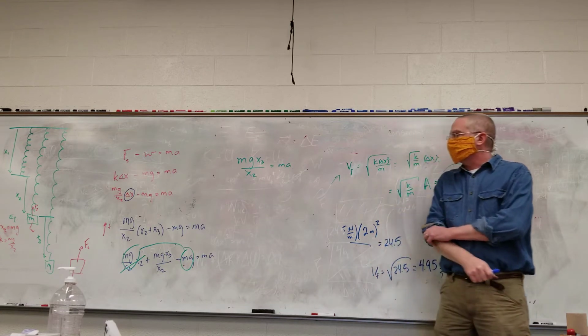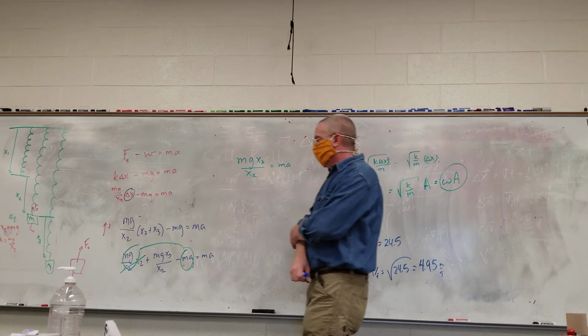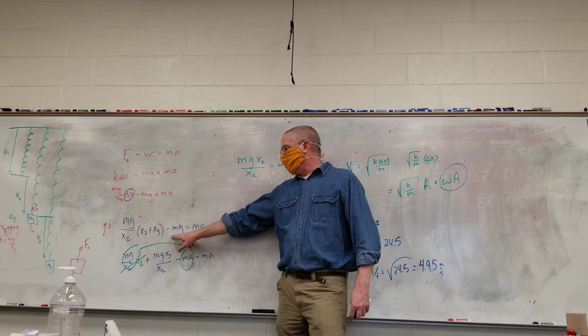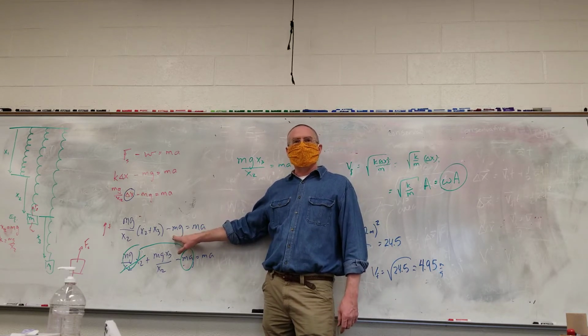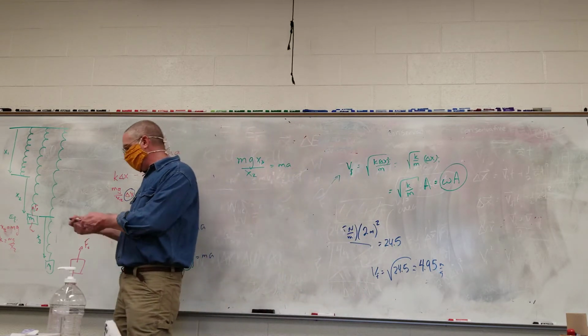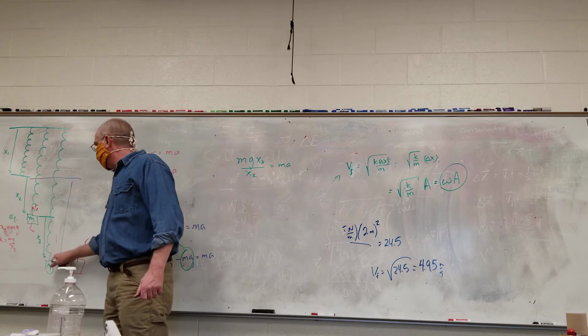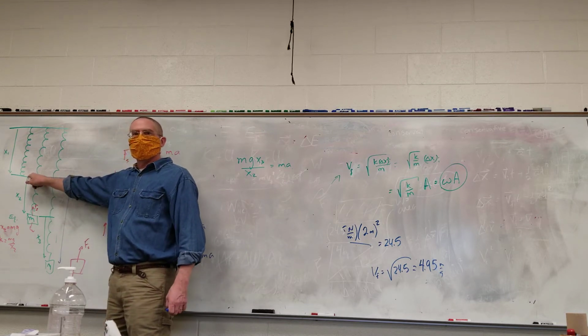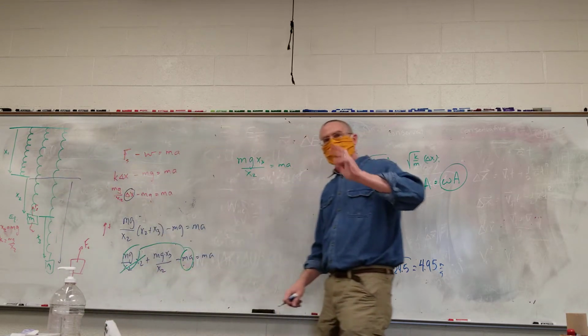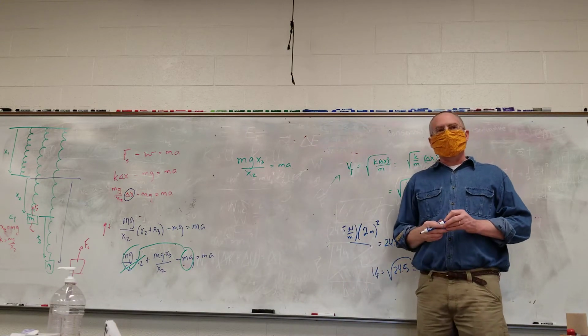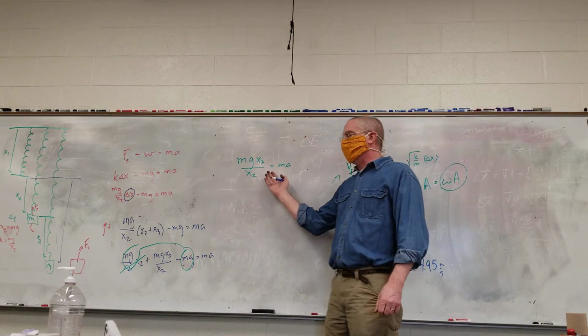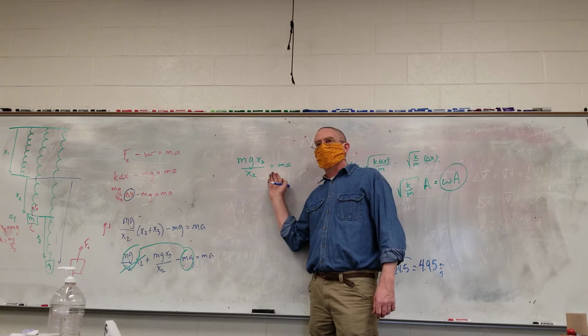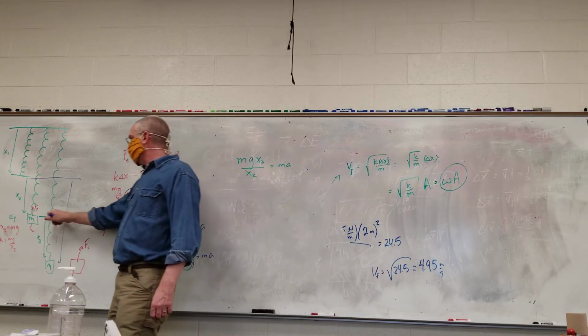All right, so if we are bringing the weight into it, if we're bringing the gravitational force into it, then the stretch of the spring has to be measured from that position right here. However, if we ignore the weight, because weight has disappeared here, then we only really have to consider it from here.